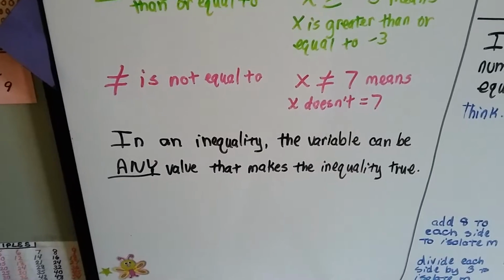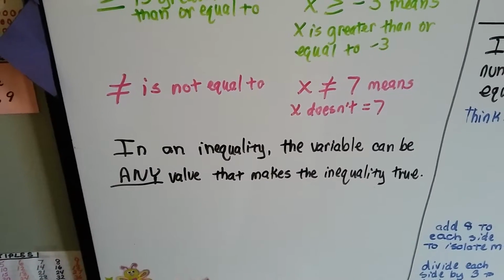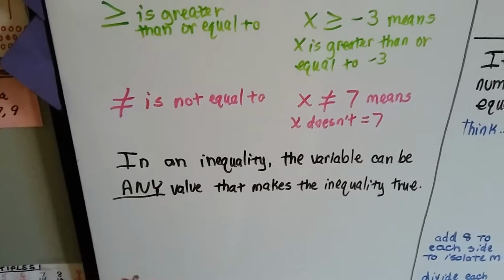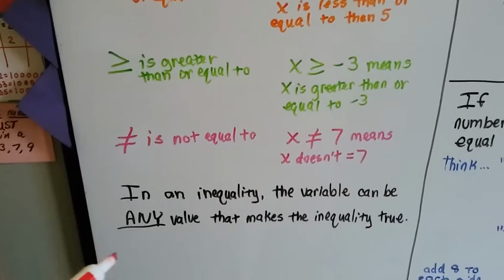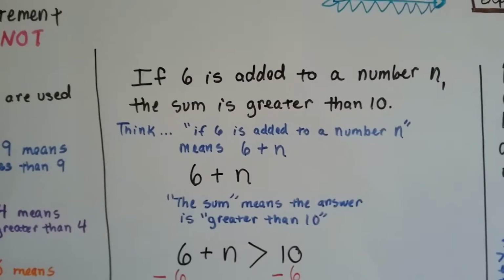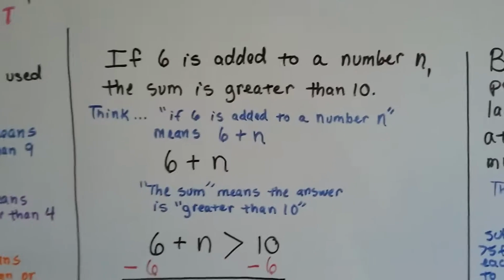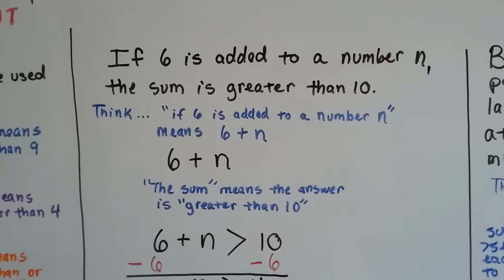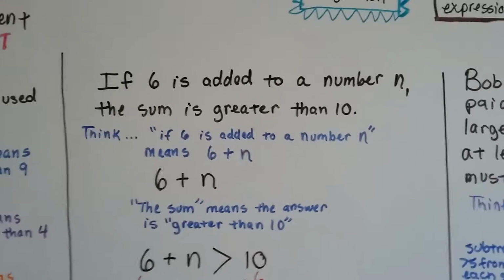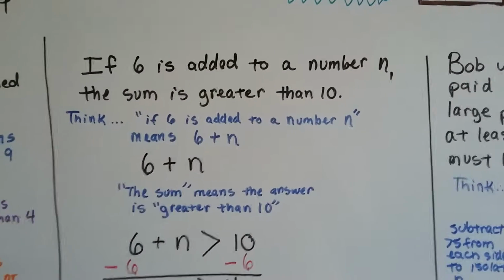In any inequality, the variable can be any value that makes the inequality true. So it could have many different answers that would make it true, right? So if 6 is added to the number n, the sum is greater than 10. We need to add 6 to the n, 6 plus n.